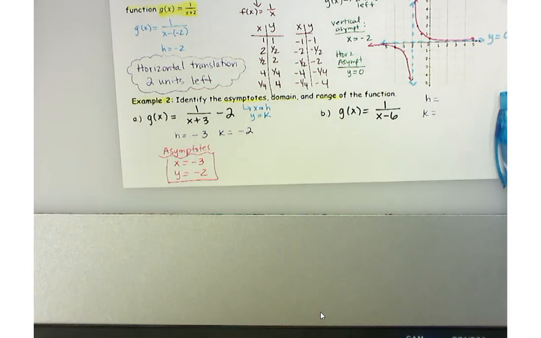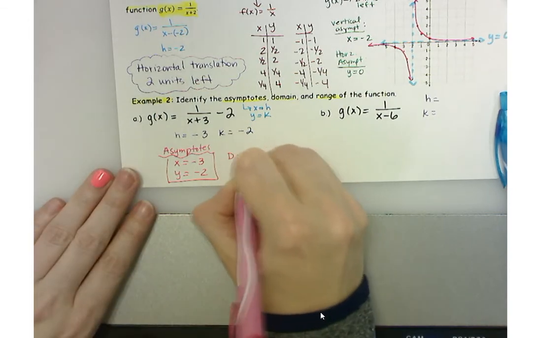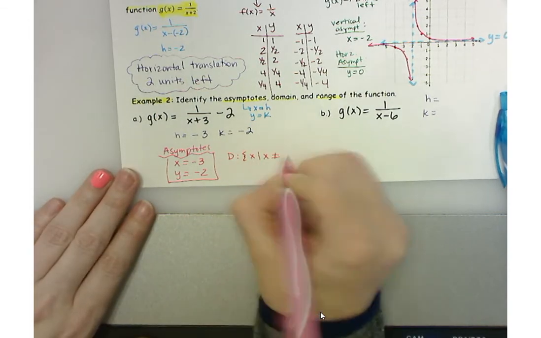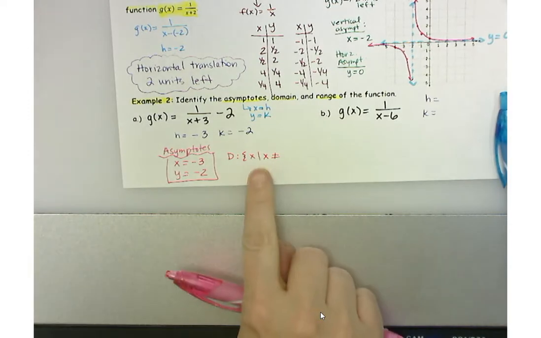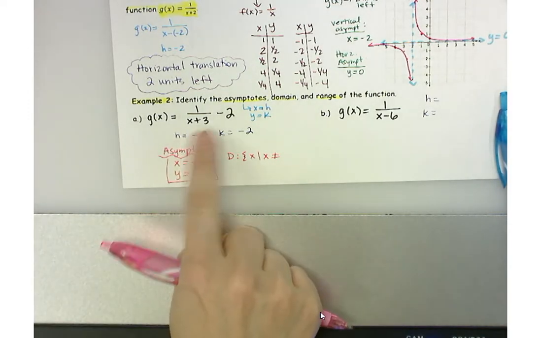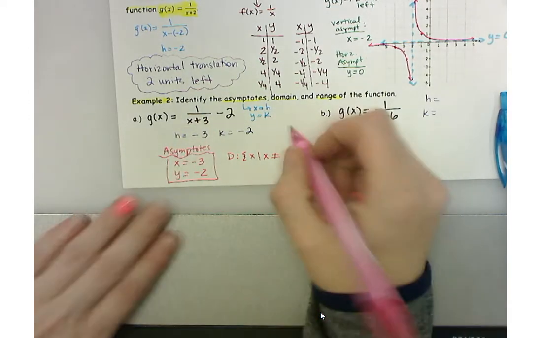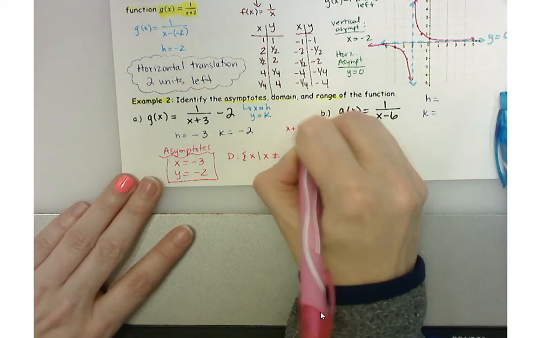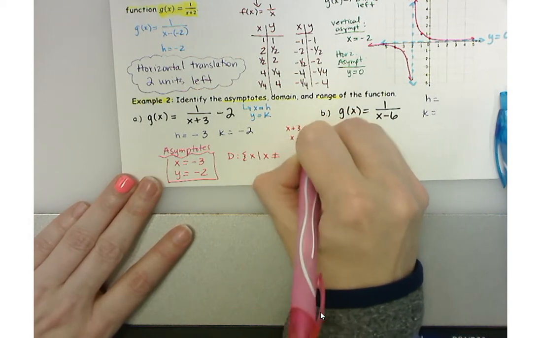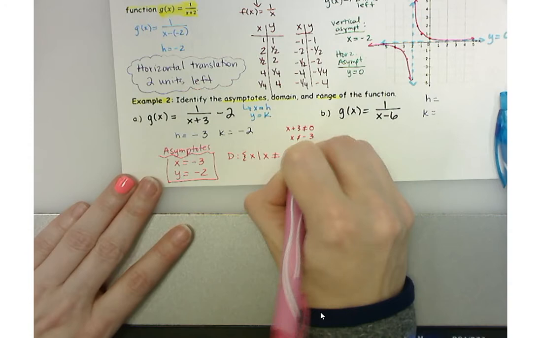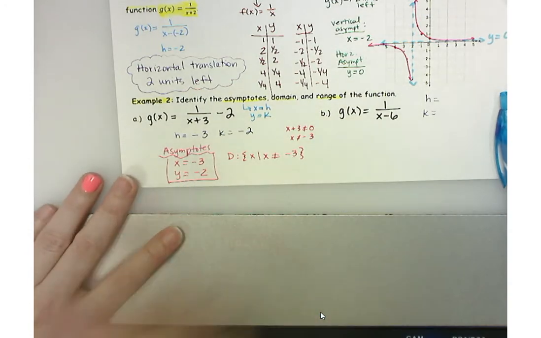Okay, for the range, y would not be able to be -2. Okay, so see if you can do that for part B. And then we're going to look at the graph. You can even graph that on your graphing calculator, or if you want to pull up Desmos and graph it on there, that would be great.